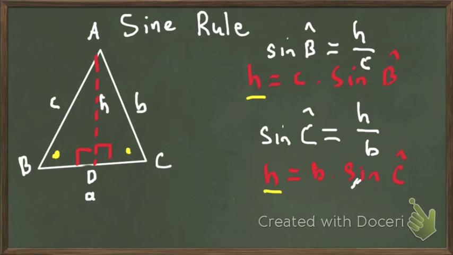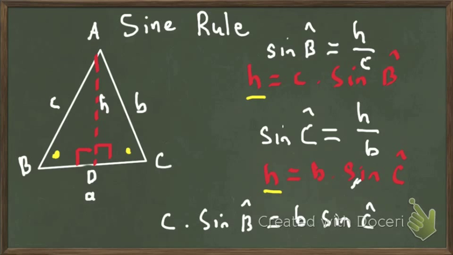So if I start over here in the corner, c times the sine of B equals b times the sine of C. Oh, that's interesting.